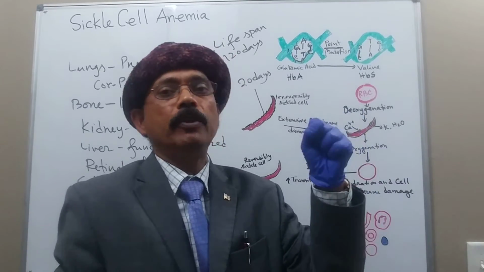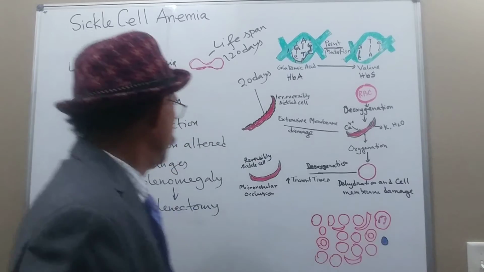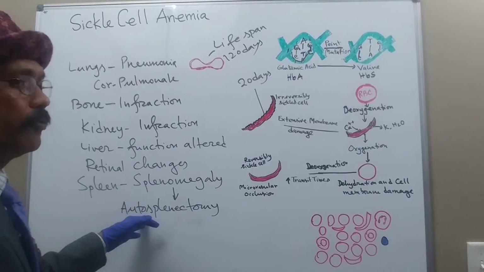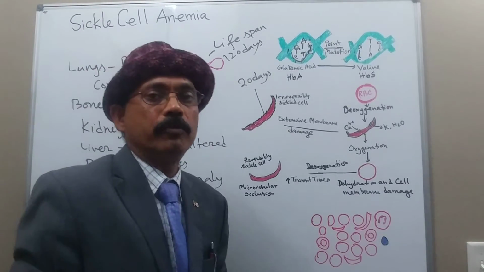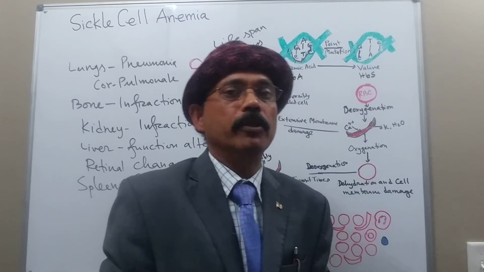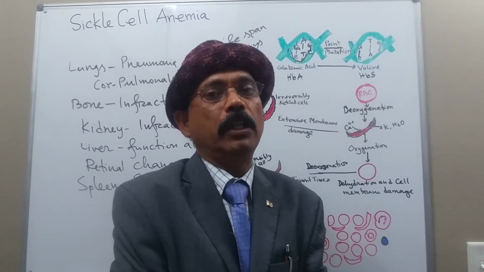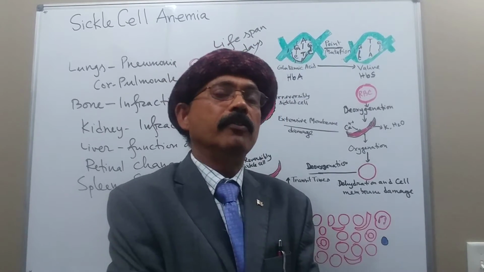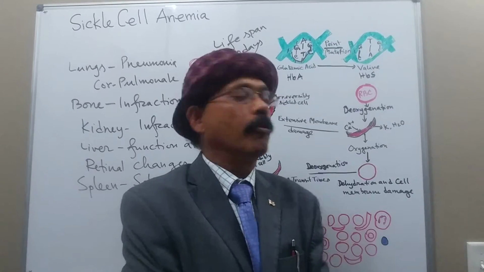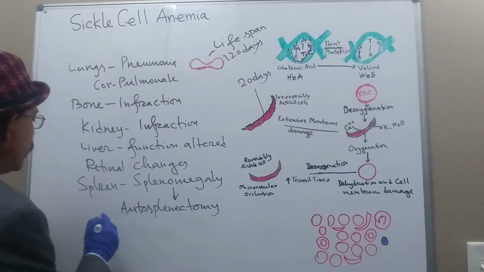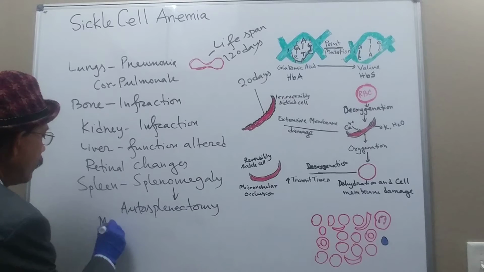As there is no spleen, there is more chance of getting infection with encapsulated organisms like Haemophilus influenzae and pneumococci.